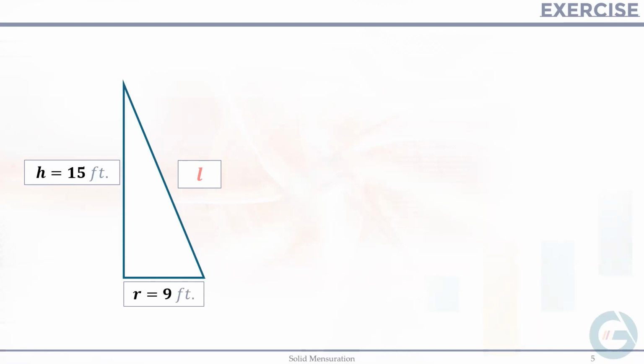And since this is a right triangle, we can apply the Pythagorean theorem. So we have c squared equals a squared plus b squared. In this case, your c is your l, so that is l squared equals, and let's say your a is your r squared, and of course the remaining side is h squared.